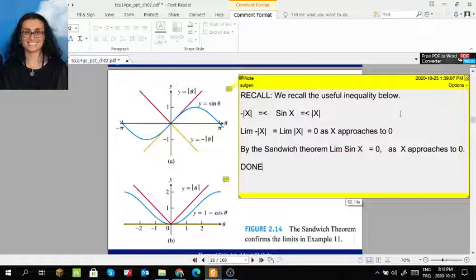We have to recall a useful inequality, which is minus absolute value of x is less than or equal to sine x, less than or equal to absolute value of x. We know that the limit as x approaches 0 of this is 0. Also, this is 0, limit as x approaches 0. By the sandwich theorem, the limit of sine x is 0 as x approaches 0.